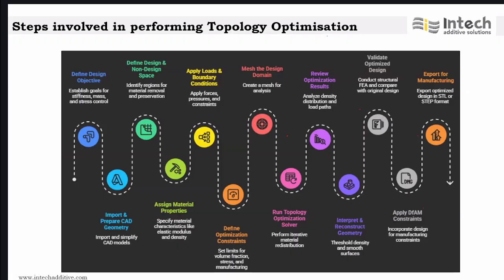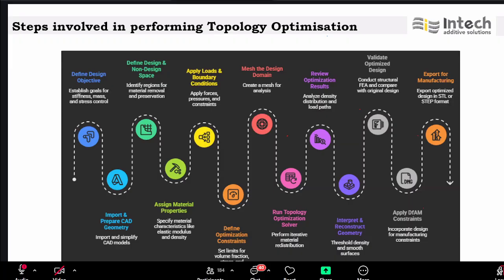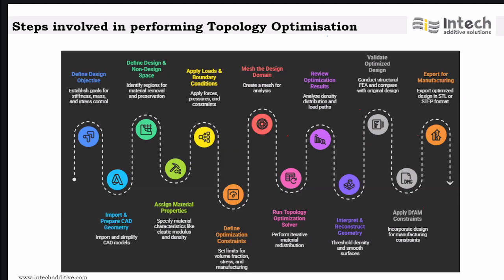And these are the steps that are involved in the topology optimization. So first you need to define the design objectives, like whether you want to maximize stiffness or minimize compliance, strain energy, and so on. And you have to import the geometry, and then you have to define design space and non-design space. Design space is the space where you want to do the optimization, that is, the material to be removed or the material changes to happen.